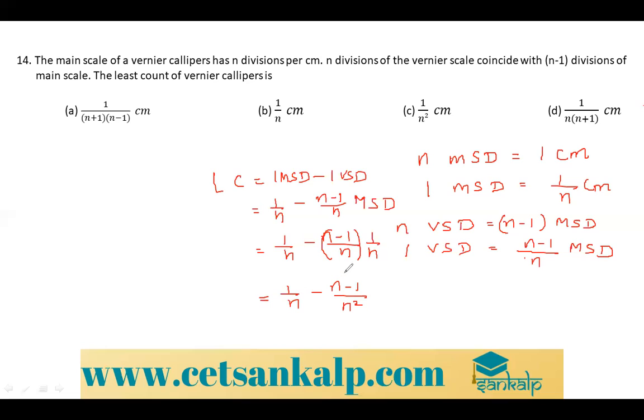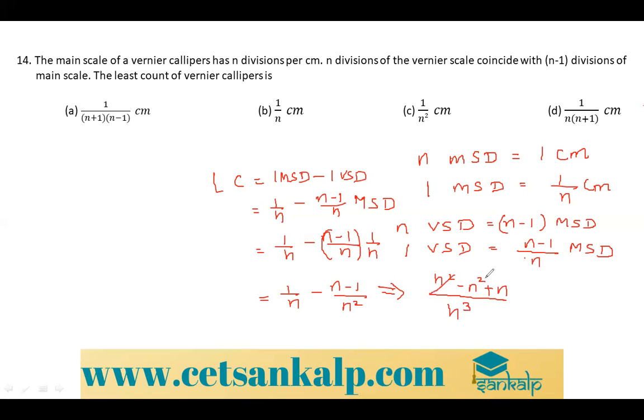So taking the LCM and solving, you will get n square minus n square plus n divided by n cube.